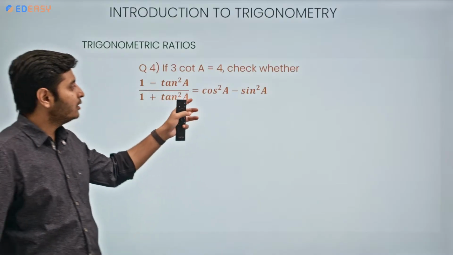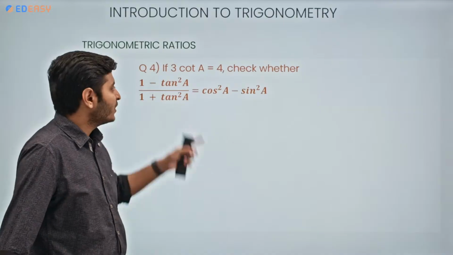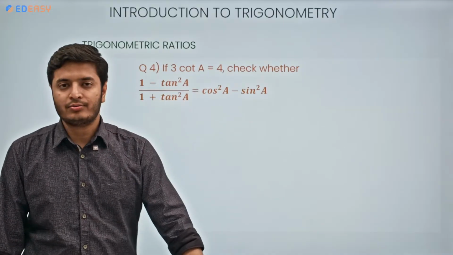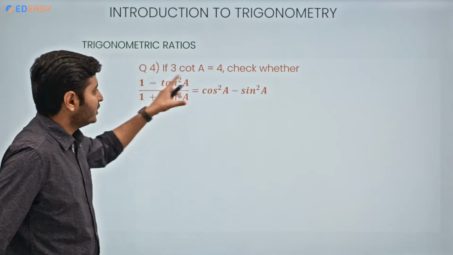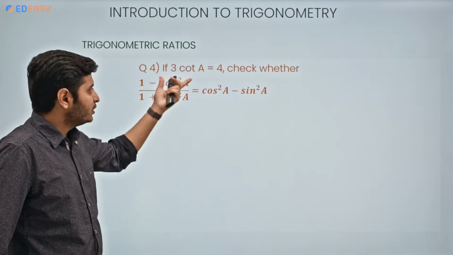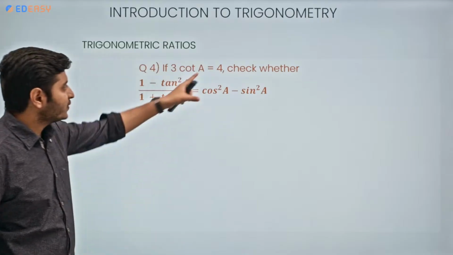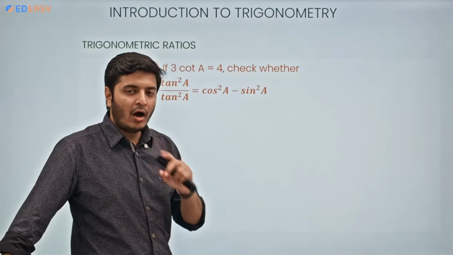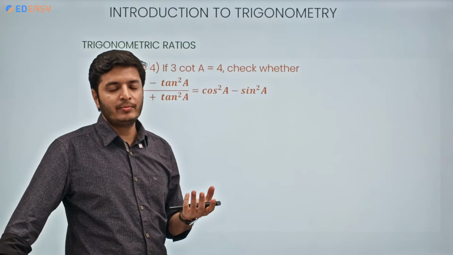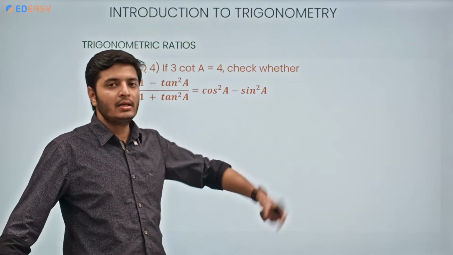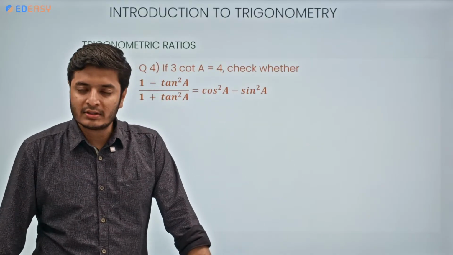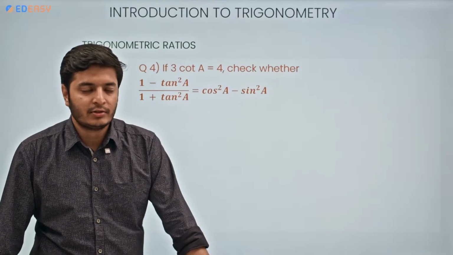But they are also solvable using trigonometric ratios. But the ratio is not given to you. The value that is given to me is 3 into cot A is equal to 4. How can we use this to make it a ratio or to find the length of sides in terms of ratio?